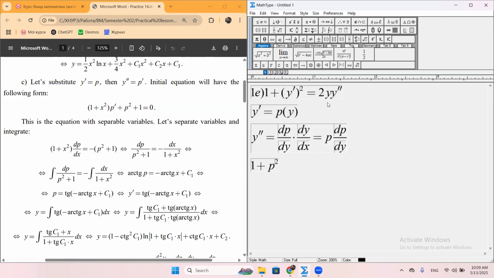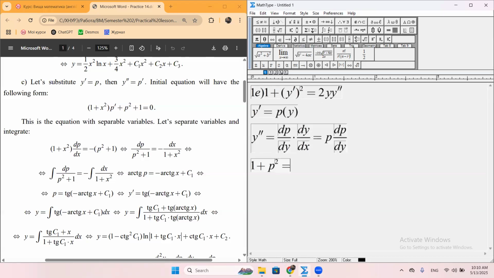We need to transform the initial equation to an equation with variables p and y. If I also used x, I would have three variables in this equation, and it would be even more complicated to solve. Yeah, I understand. Thank you.